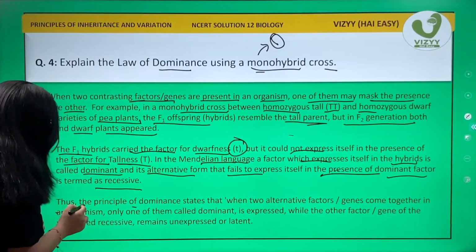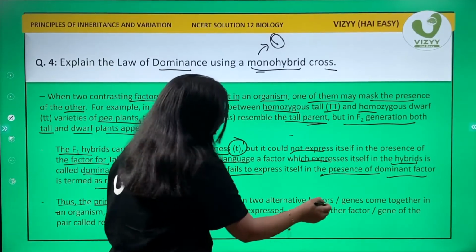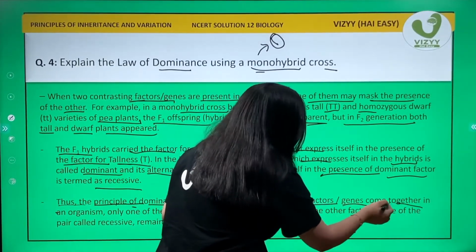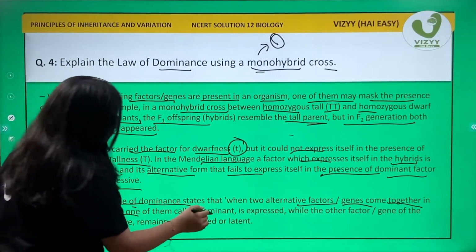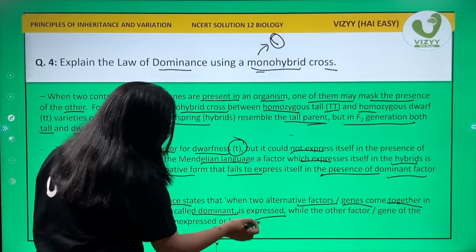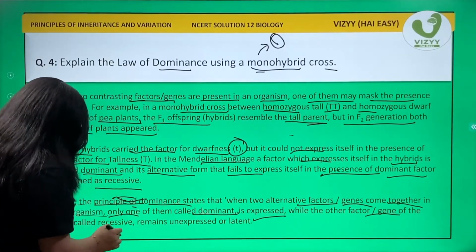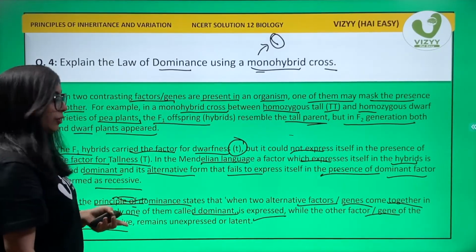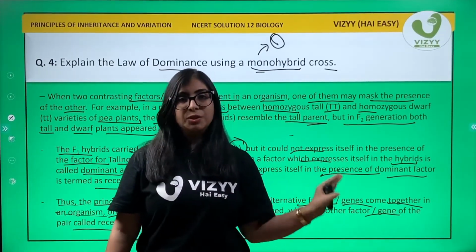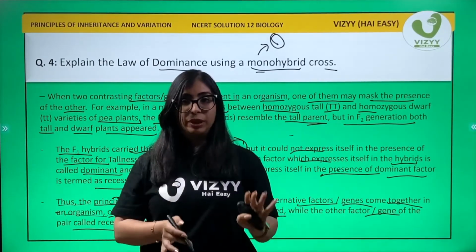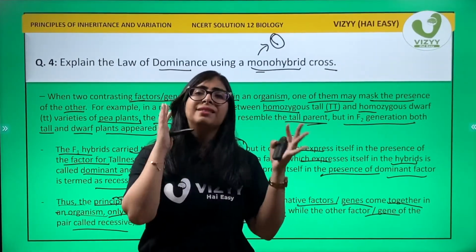Thus, the principle of dominance states that when two alternative factors or genes come together in an organism, only one of them, called dominant, is expressed, while the other factor or gene of the same pair is known as recessive, unexpressed or latent. Students, the conclusion here is that the one which shows itself is dominant and the other one which does not show itself in the presence of the dominant gene is known as recessive.